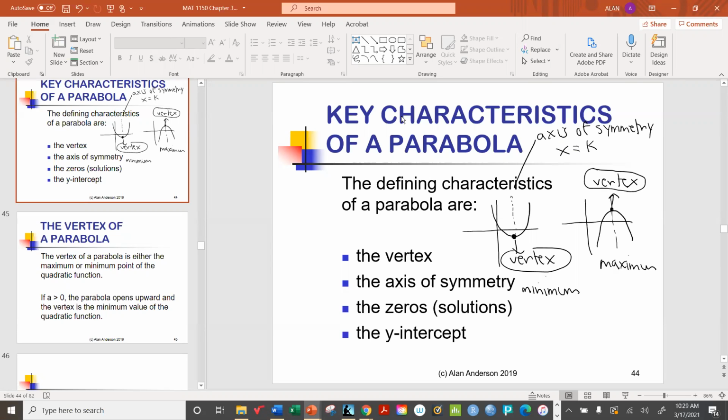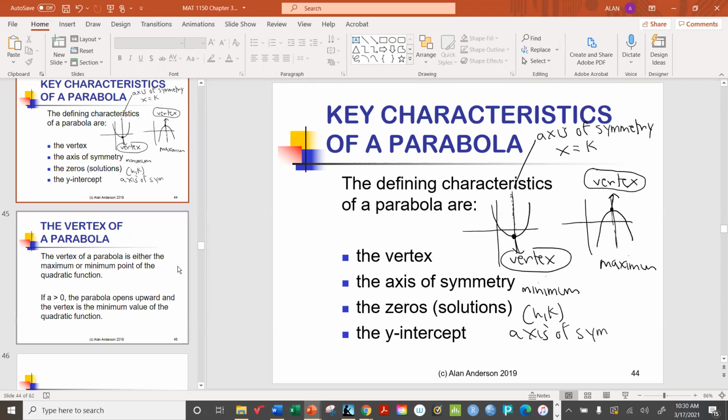And so if you know the vertex is h comma k, then the axis of symmetry is... actually, no. Let's wait till we get to that point. I don't want to write the wrong thing here, but just note that the vertex is the minimum or maximum point, and the axis of symmetry is the vertical line that cuts through that point.